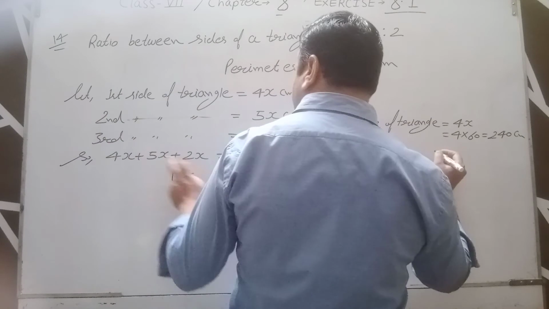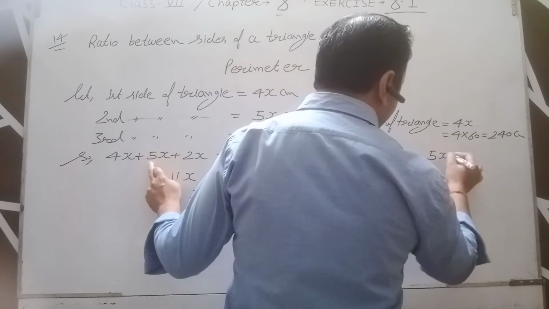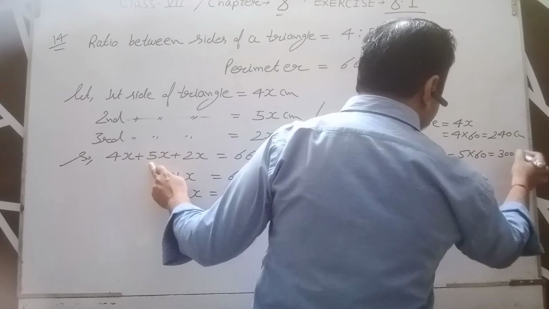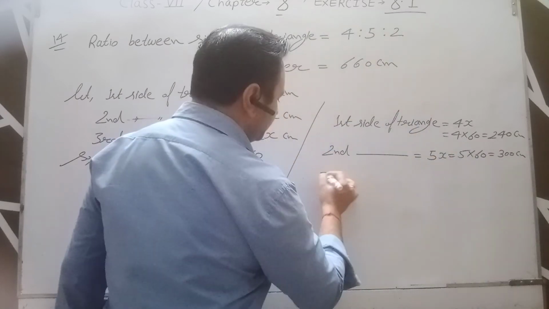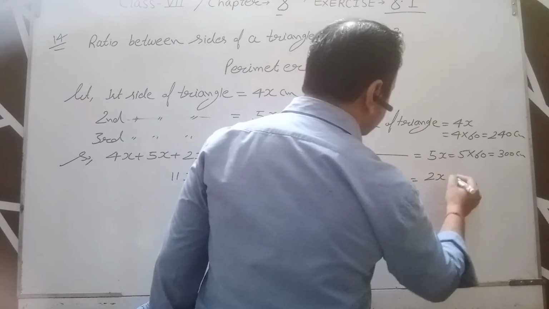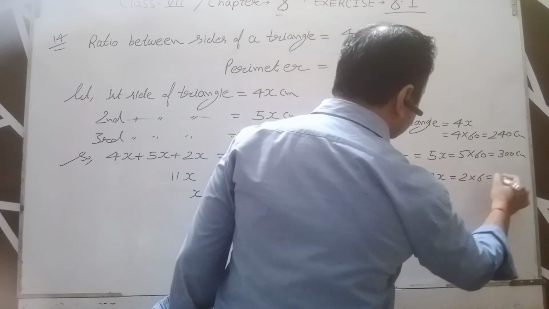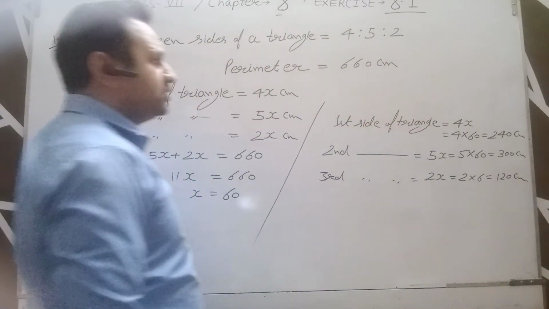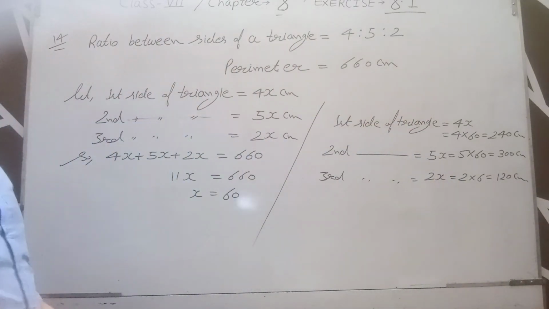Second side is 5x. It means 5 multiply 60, it means 300 centimeter. And now the third side of the triangle, which is 2x. It means 2 multiply 60, which is 120 centimeter. So these are the three sides of the triangle. The question is also very easy. Just note down.